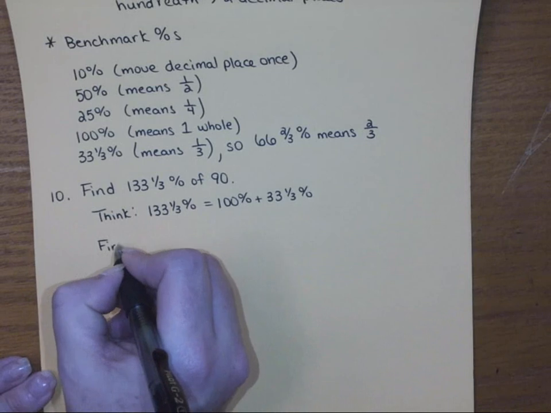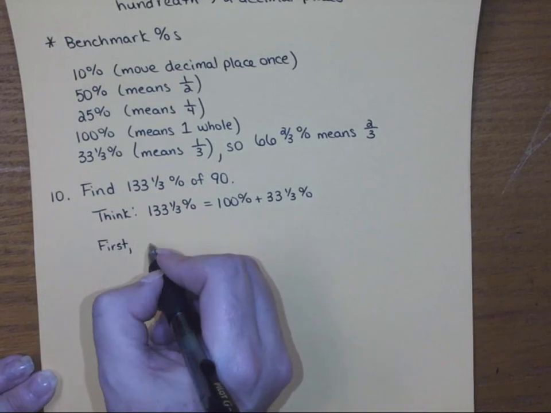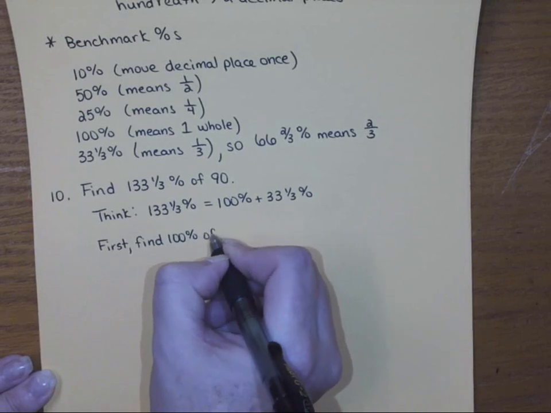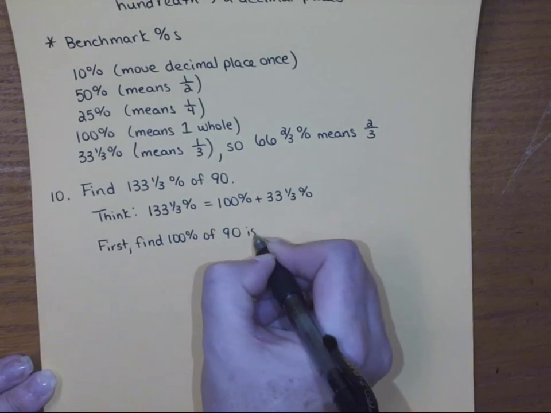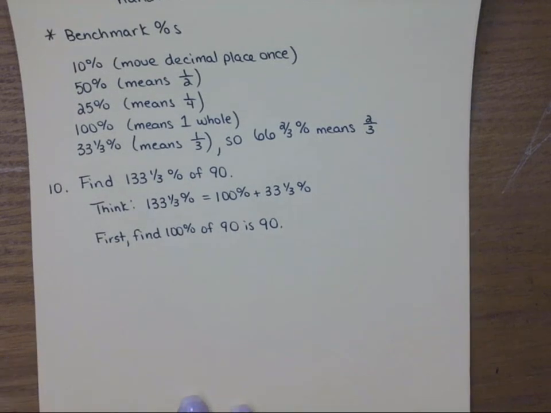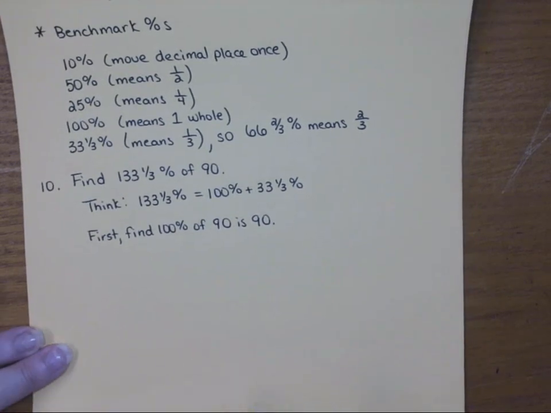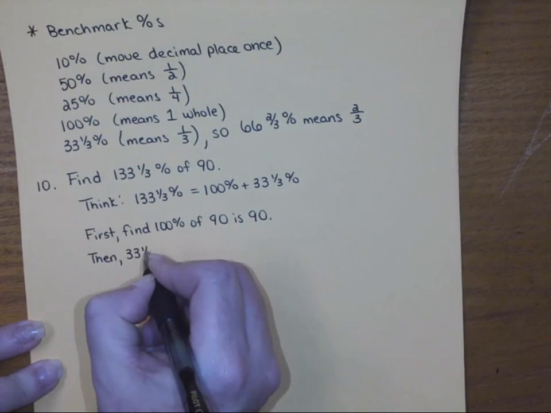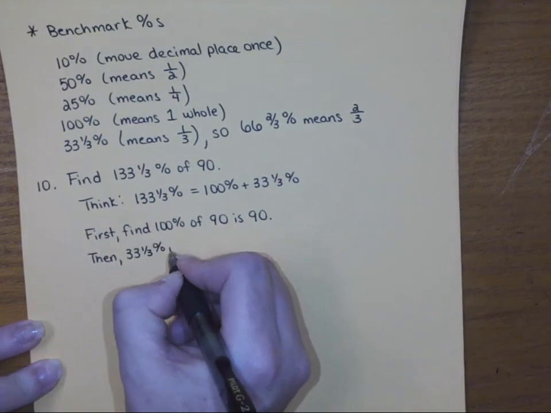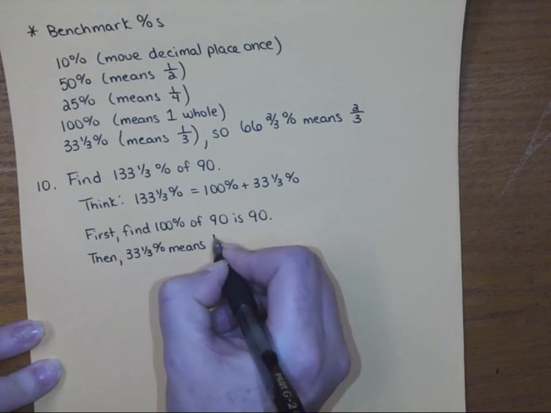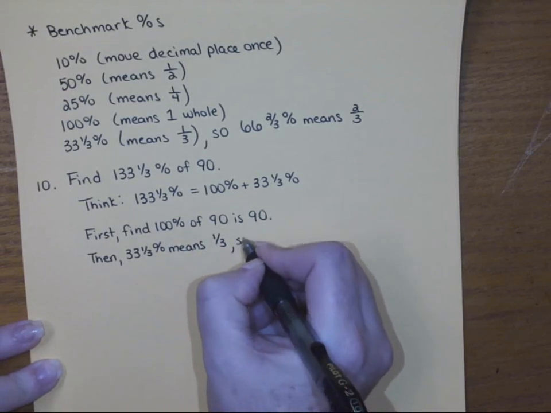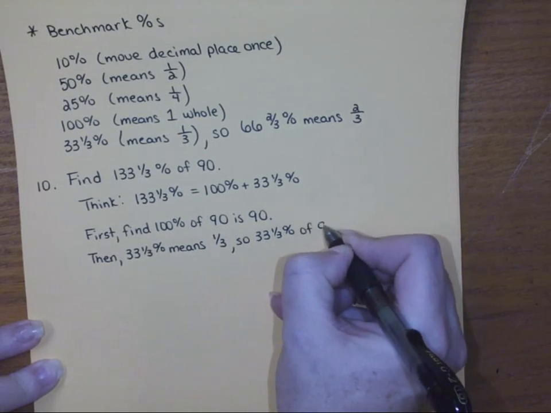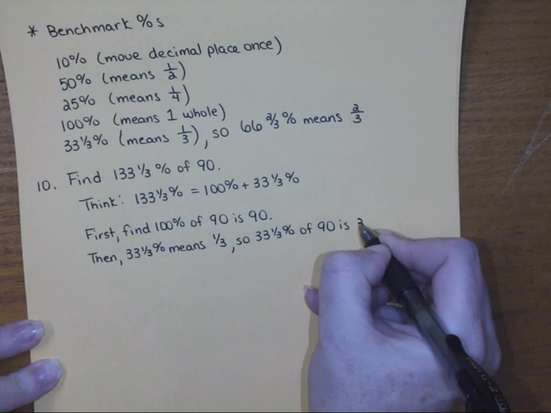First I would find 100% of 90. But 100% of a number is just itself, right? So 100% of 90 is 90. And then 33 1/3% means 1/3. So 33 1/3% of 90, think of 1/3 of 90 is 30, right?